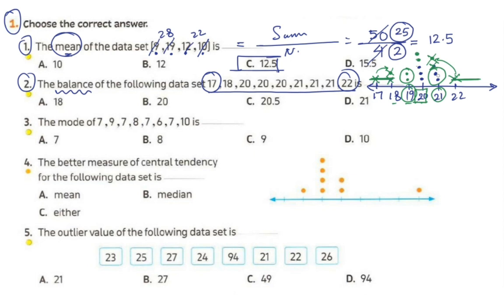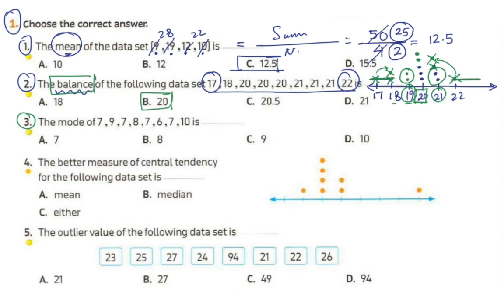So this shape is a symmetrical shape. 20 has 2 dots to the right and 2 dots to the left. So 20 is the balance point you searched for. It's 20.